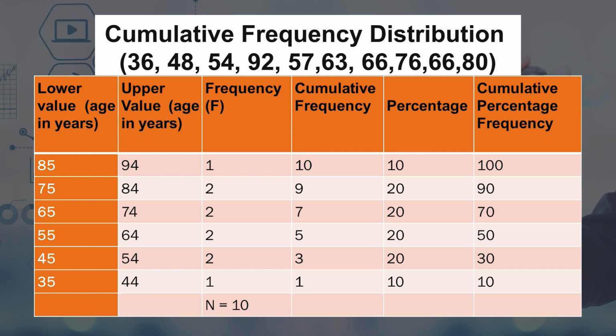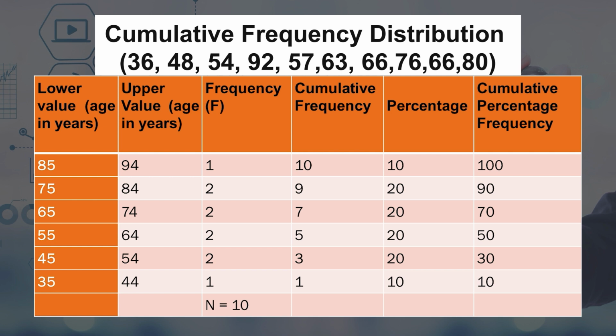Now when we are calculating cumulative frequency, we are going to add the frequencies. If we see the frequency from below, it is 1. So the cumulative frequency will be 1. In the next range, 45 to 54, 1 plus 2 will be 3 in the cumulative frequency.